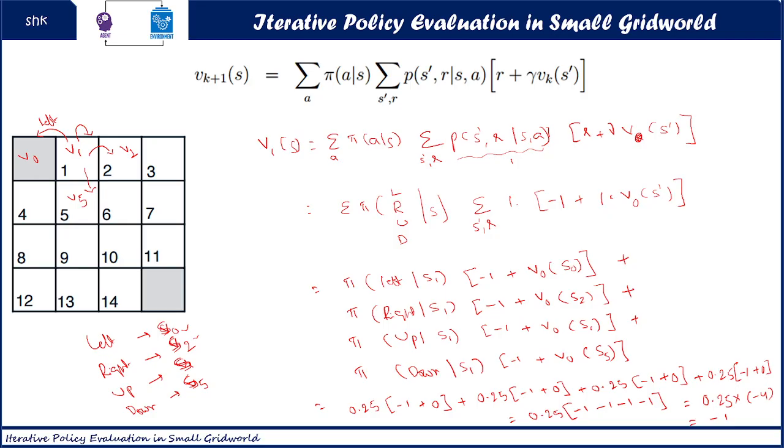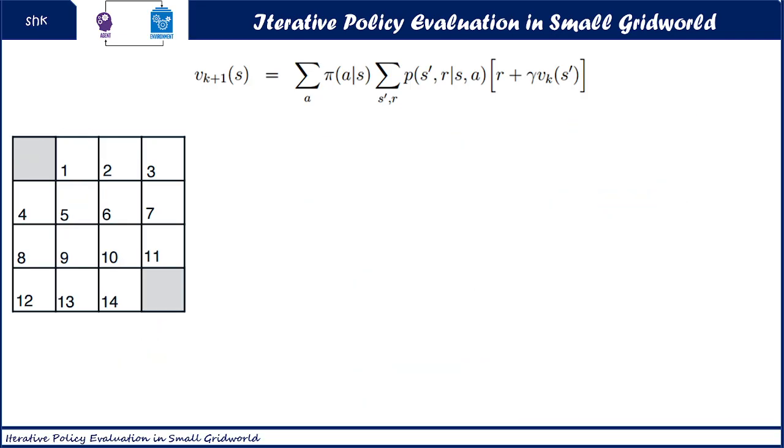Similarly, we are going to calculate for the remaining states also, that is from S2 to S15. However, S15 is 0, so we will calculate only up to S14. Now, the current state we are considering is the S2 state.